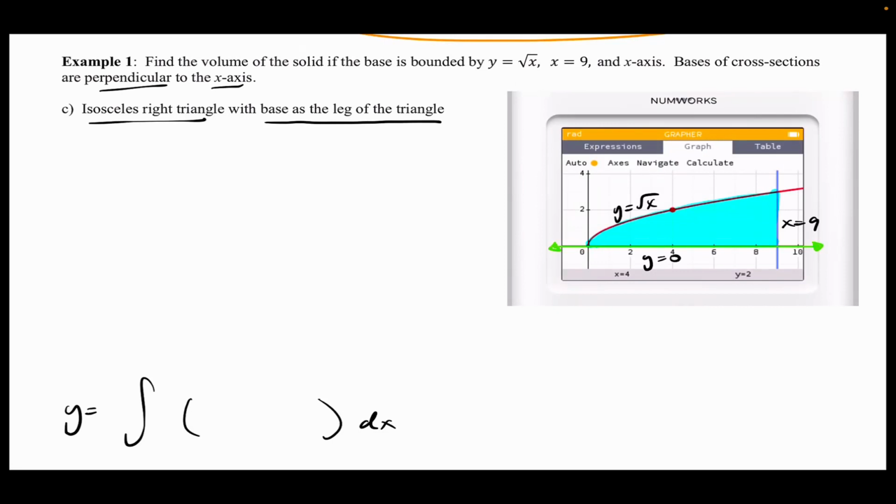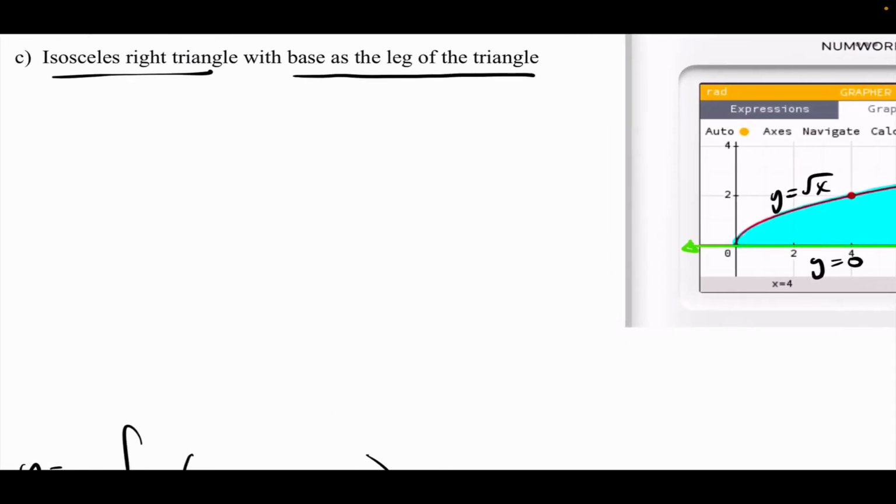You have a triangle with 2 sides that are the same, that has a 90-degree angle in it. So let's draw a picture of one. So the 2 sides that are the same, those 2 sides are the same.